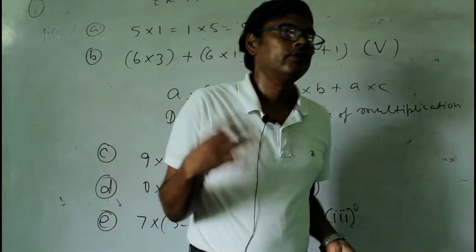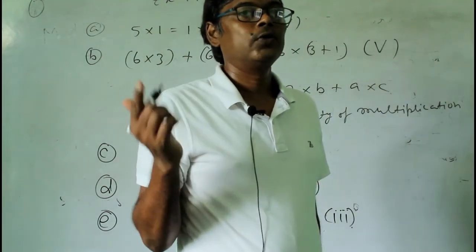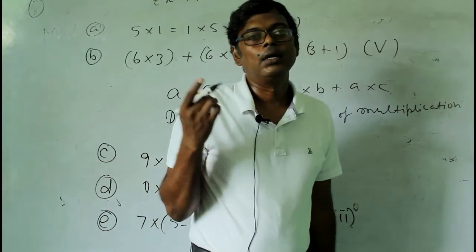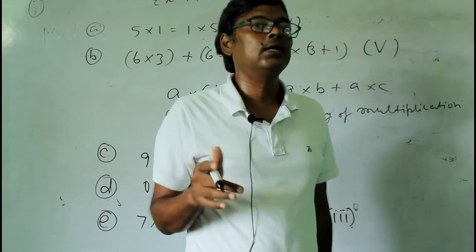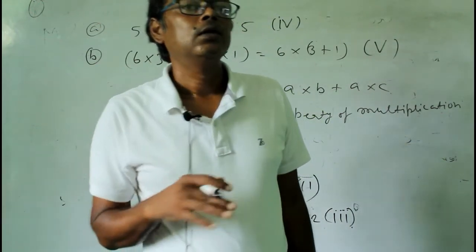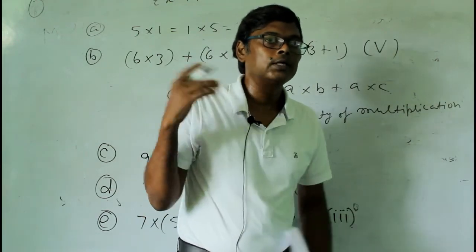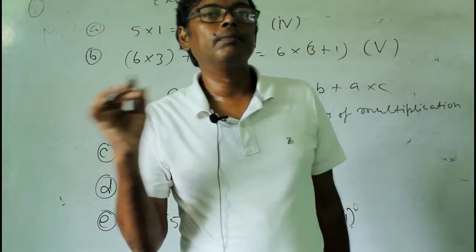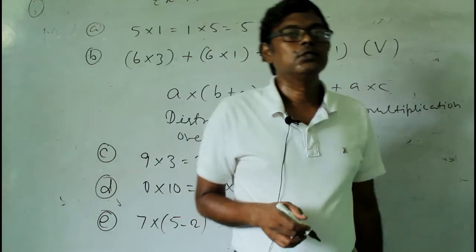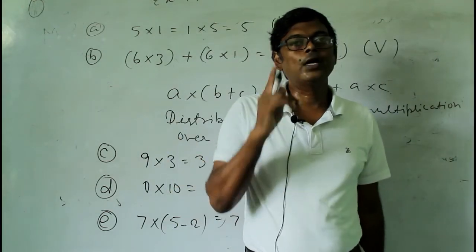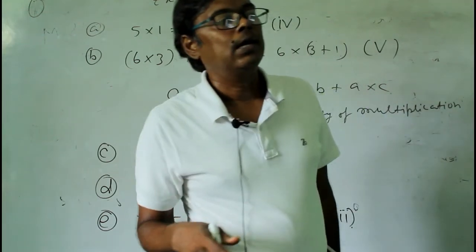You must revise the properties. There are many properties, and you have to revise them only for addition and multiplication, because for subtraction and division, all the properties are not valid. Only the property for 0 is valid. Like 5 minus 0 is 5, the property of 0 for subtraction.